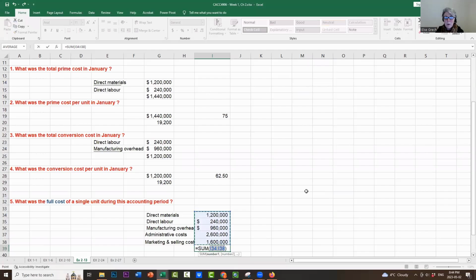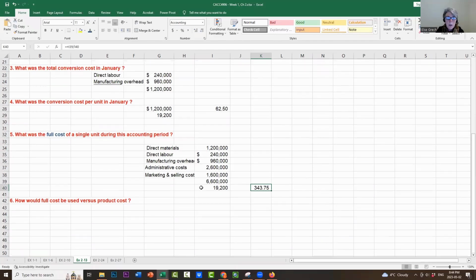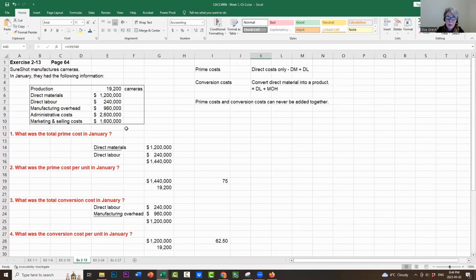Then we're going to have the auto sum. It's going to be 6,600,000. I'm still going to divide it by the 19,200. And so the full cost is going to be $343.75.